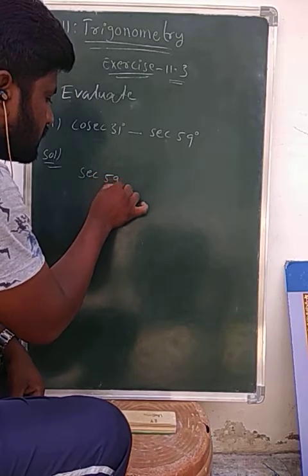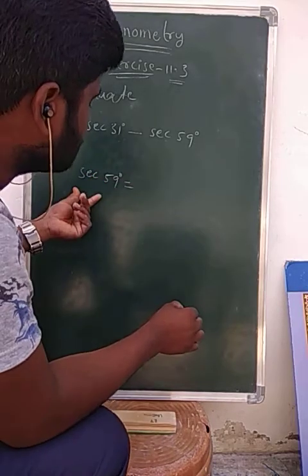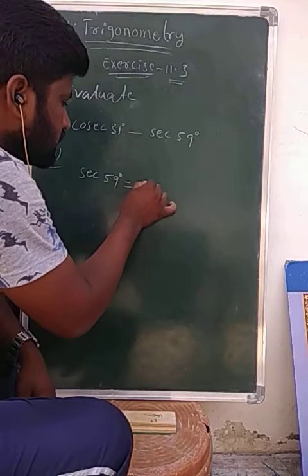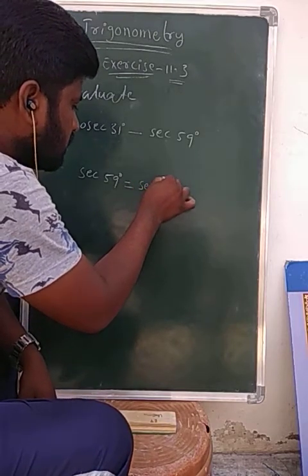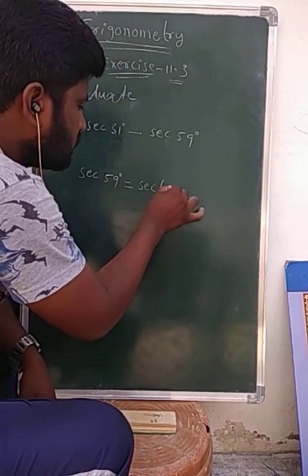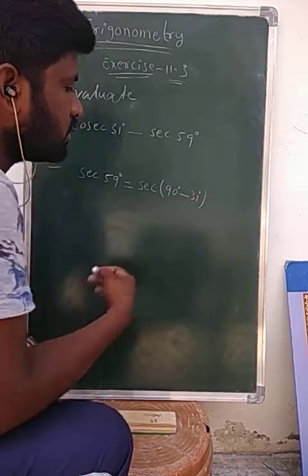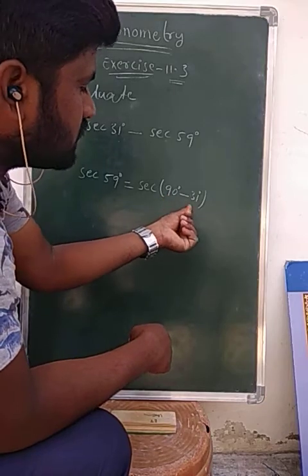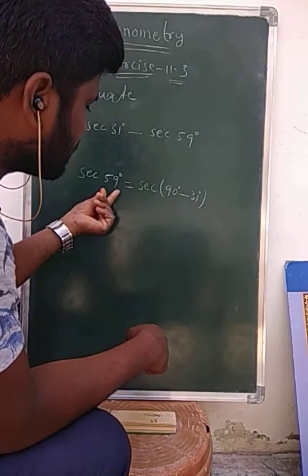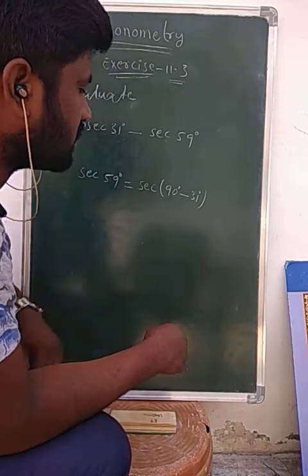Secant 59 degrees, we can write 59 as 90 minus 31 degrees.